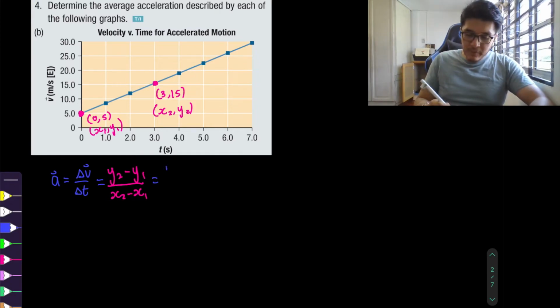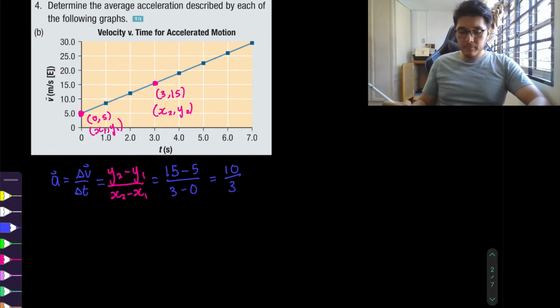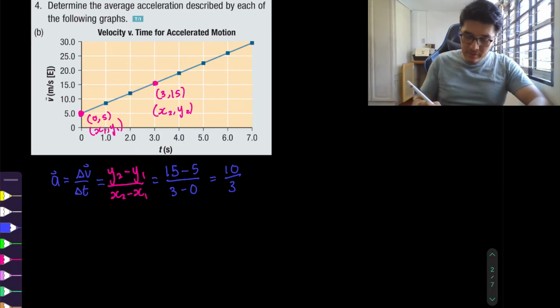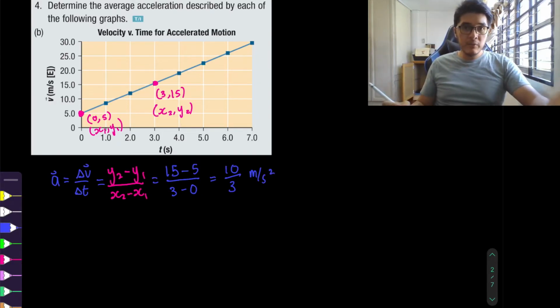Now you just put in the values: 15 minus 5 over 3 minus 0, so 10 over 3. In this case, the acceleration is going to be 10 over 3 meters per second squared.